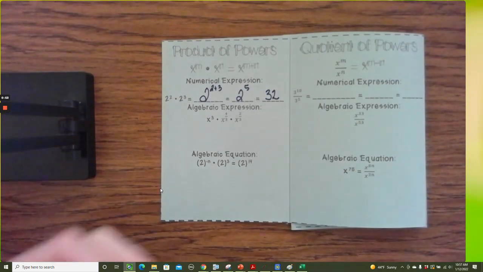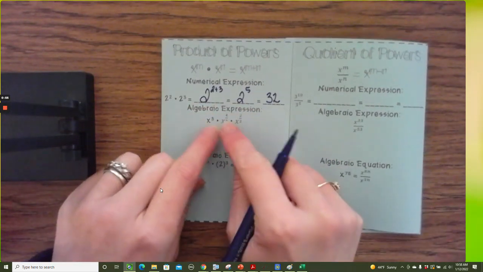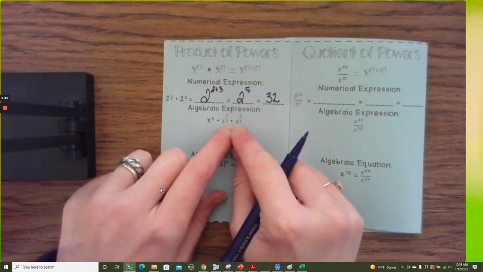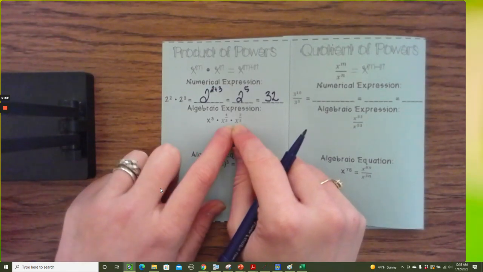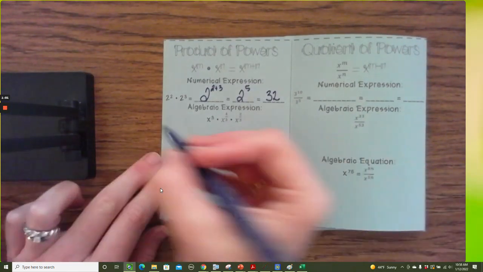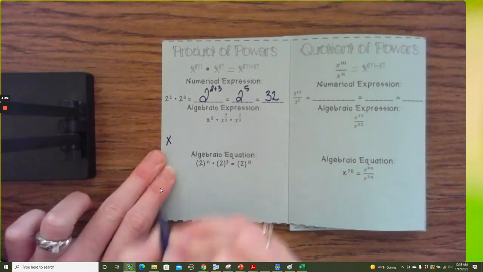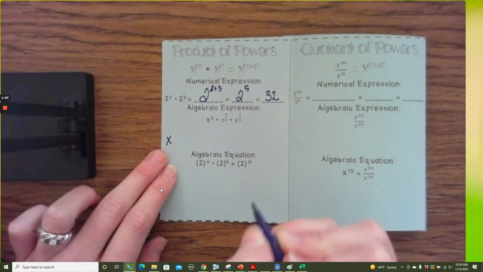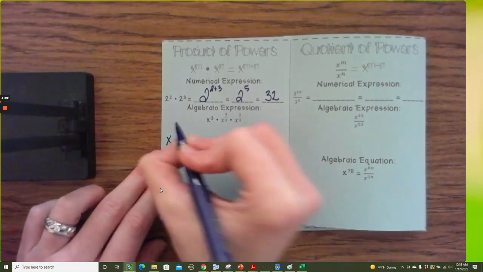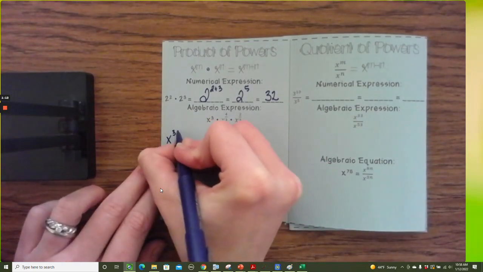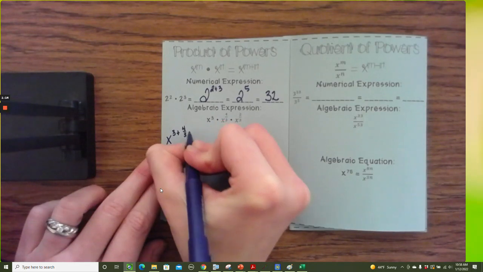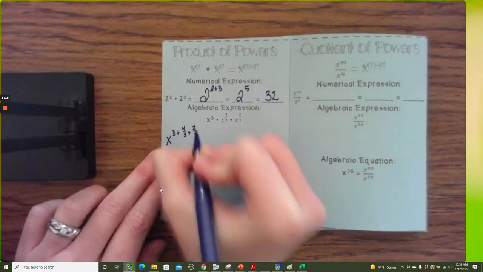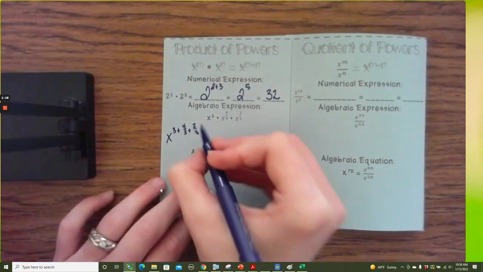So algebraic. Here I have x to the third times x to the 4/3 times x to the 2/3. What I can do here is add all the exponents. So x to the third plus 4/3 plus 2/3. And you can use your calculator just to add those up.